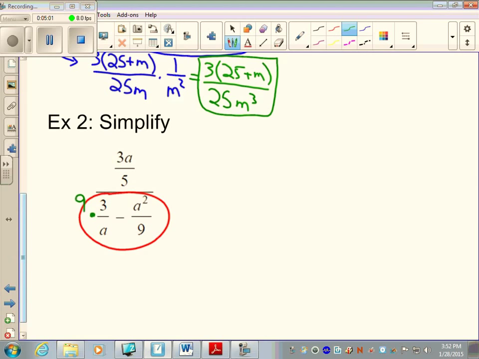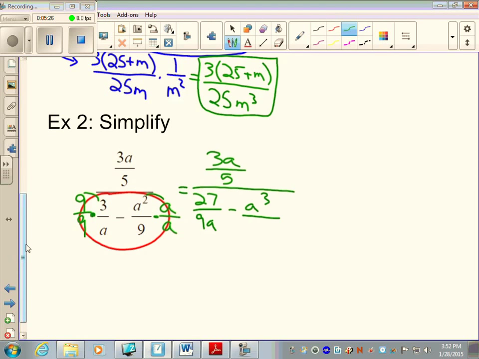I'm going to multiply the first fraction by the second fraction's denominator, and the second fraction by the first fraction's denominator. And I'm going to rewrite everything. 3a over 5, big division. 9 times 3 is 27 over 9a, minus a times a squared is a to the third over 9a.